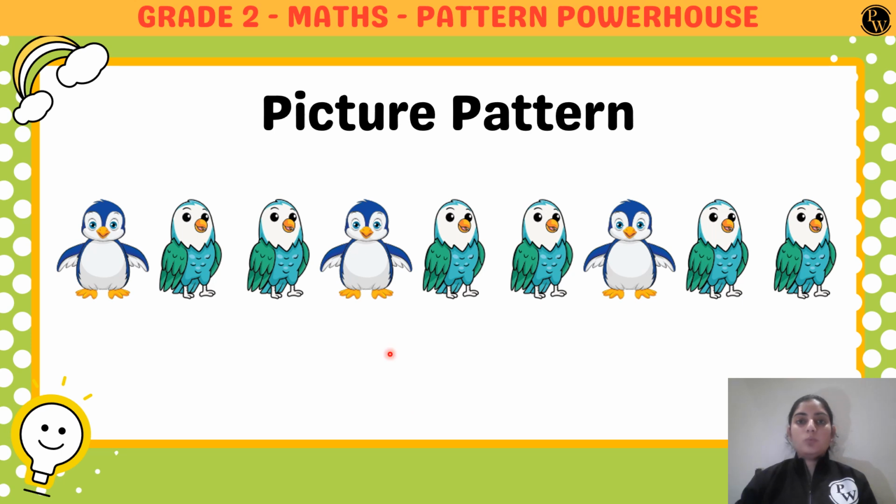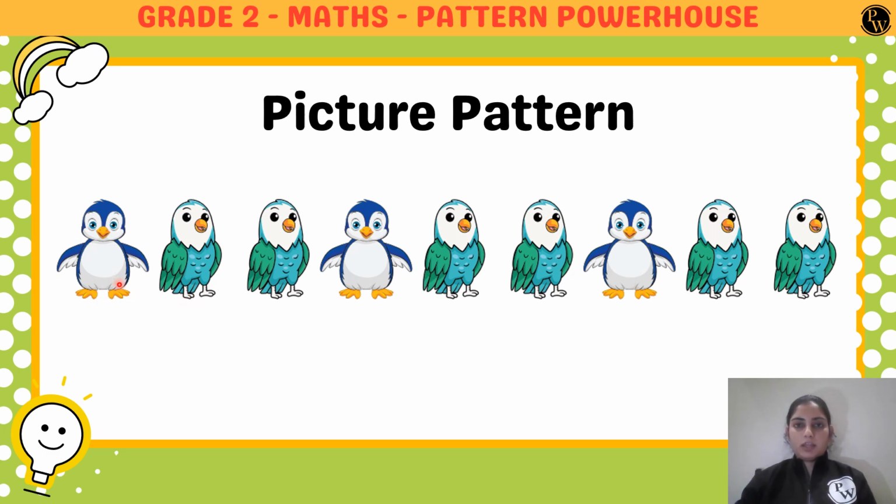Let's understand what is a picture pattern. Here we have a picture of a bird, that is a penguin. Then we have another picture of a bird. So we can see the same picture is then repeated. Here we can see these two birds are repeating in an order.